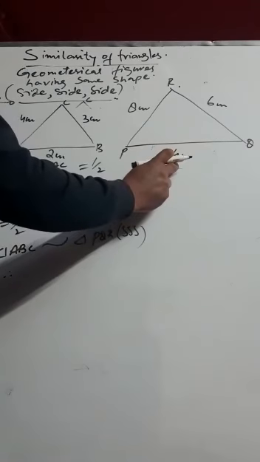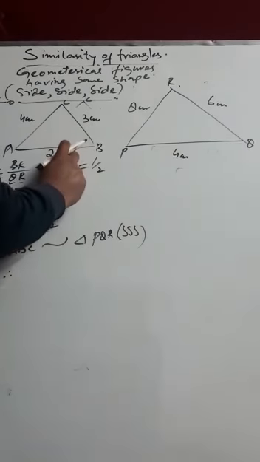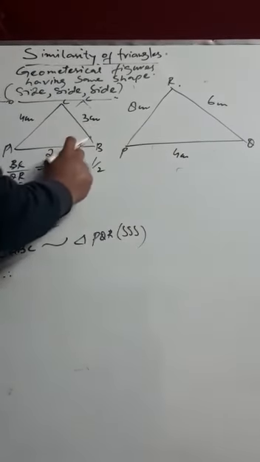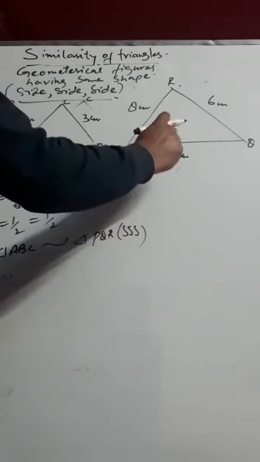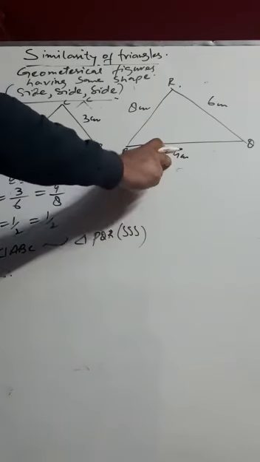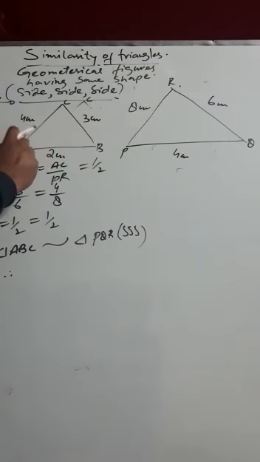This is scaled up and this is scaled down. Once we multiply this triangle by 2, we will get PQR. Once we divide this triangle by 2, we will get the triangle ABC.